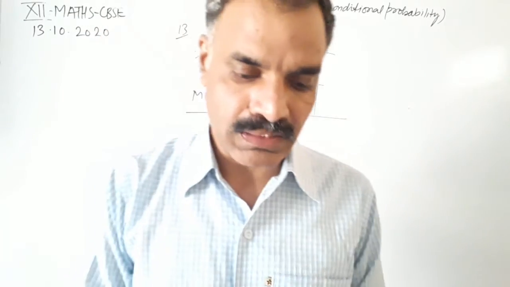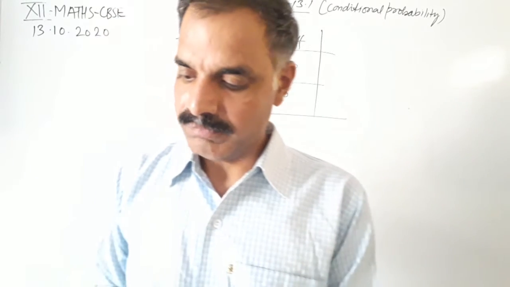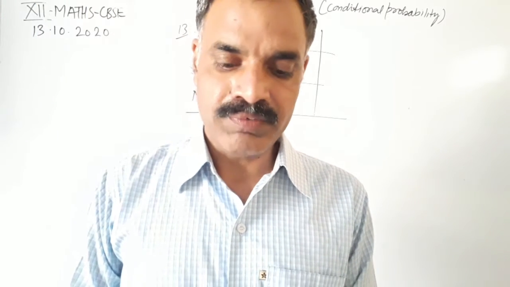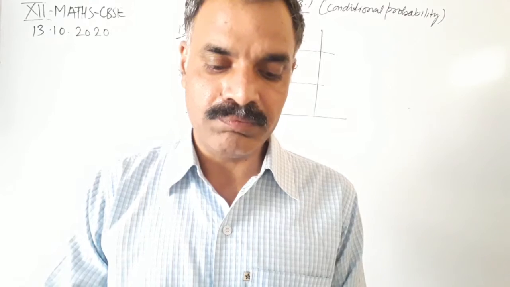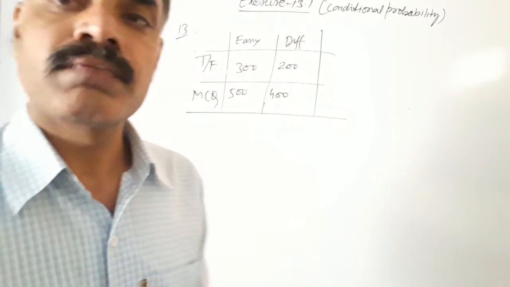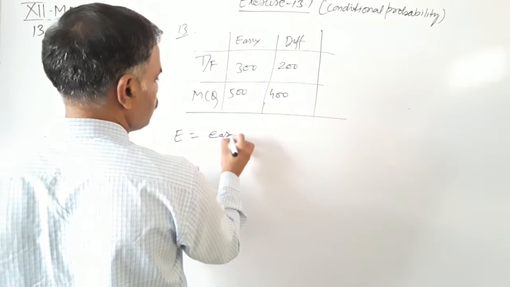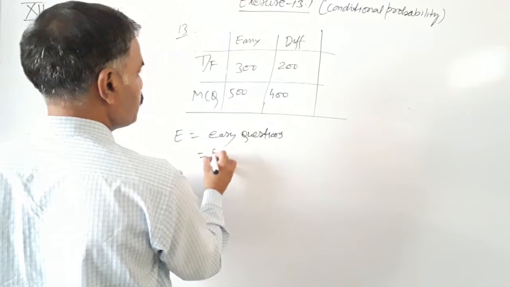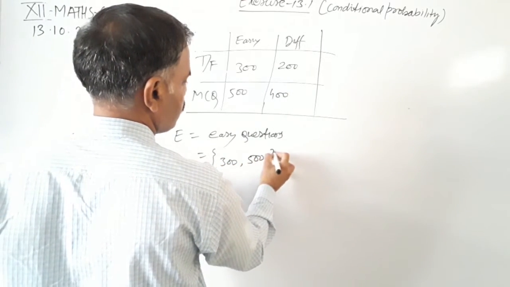If a question is selected at random from the question bank, what is the probability that it will be an easy question given that it is a multiple choice question? The event E is an easy question. Easy questions are 300 and 500.